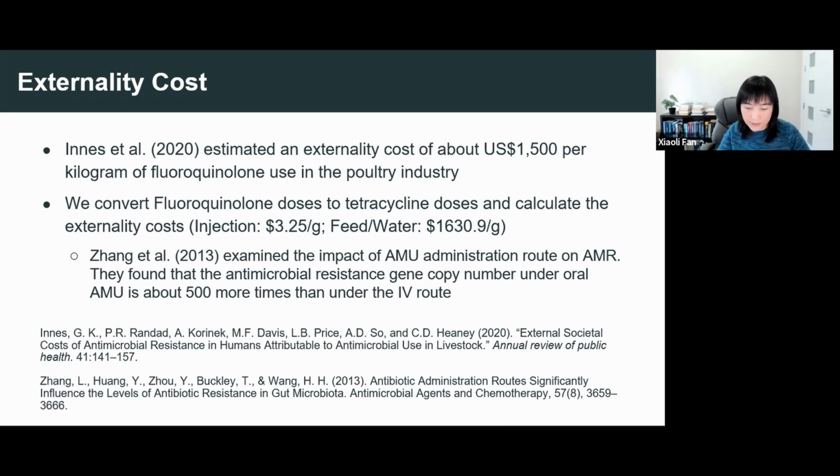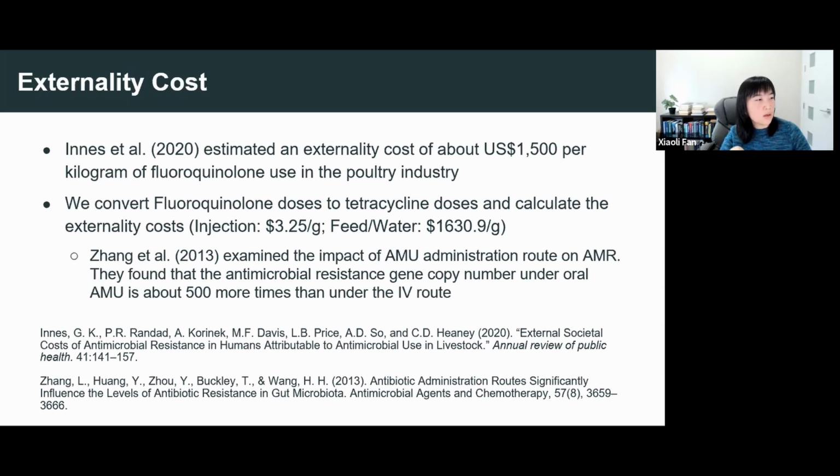So we did some conversion from antimicrobial use in poultry to beef feedlot, and then we also found another paper, John et al. 2013, who found that antimicrobial administered by oral route is about 500 times more likely to incubate antimicrobial resistant genes.